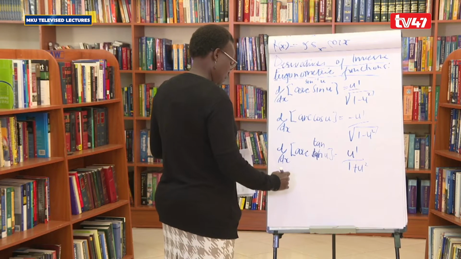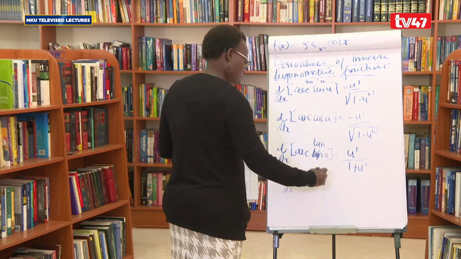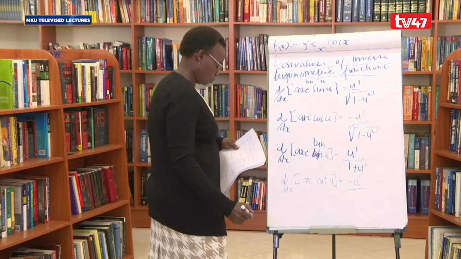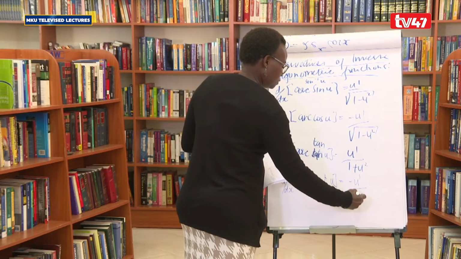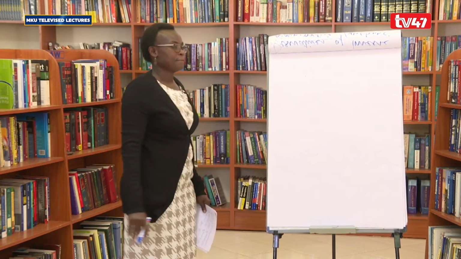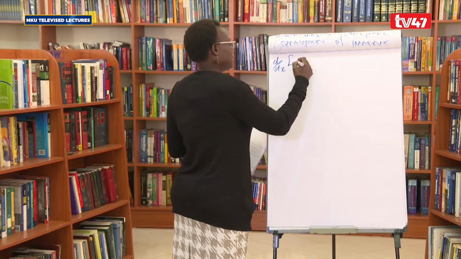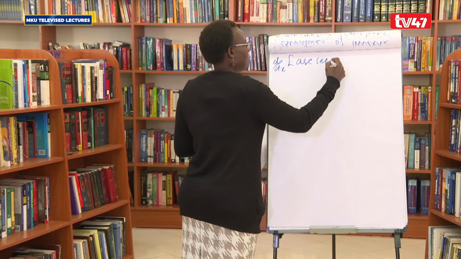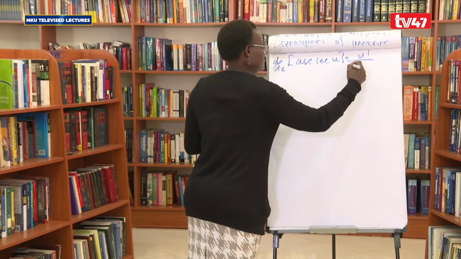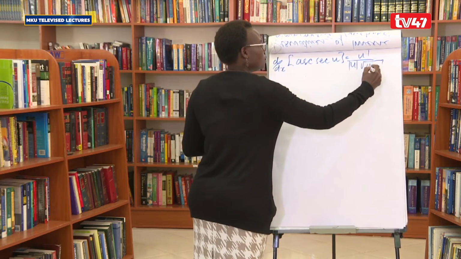And then we can write the next one down here. So that is arc cot u. This will be negative u bar over 1 plus u squared. And then the derivative of arc sec u is u bar over the absolute value of u times root of u squared minus 1.